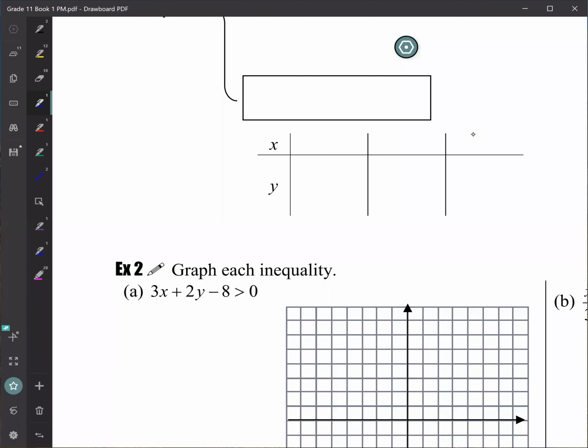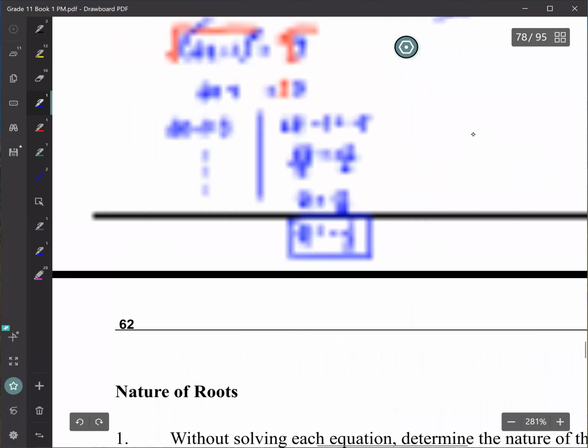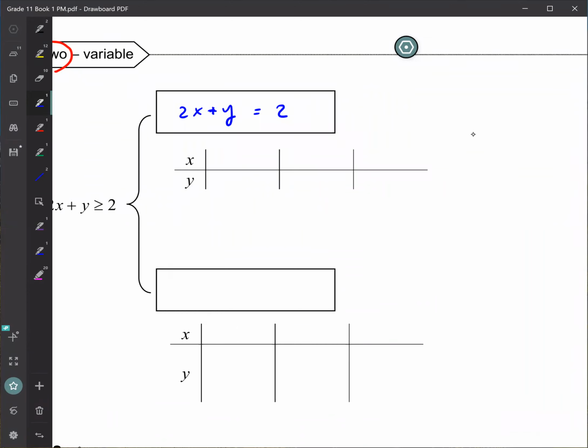So go back to the top. To graph this one, you could change it to slope y-intercept form. It's faster. So change to slope y-intercept form.